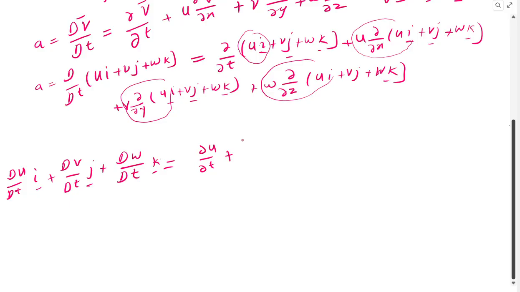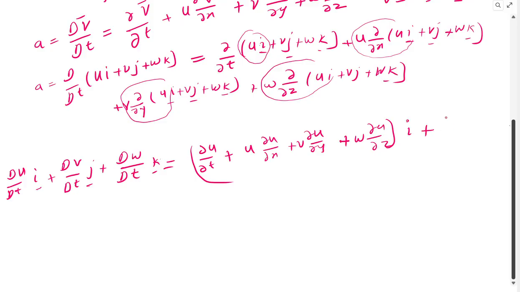So I'm writing del u by del t, plus the second term u del u by del x, plus v del u by del y, plus w del u by del z, and this is i.